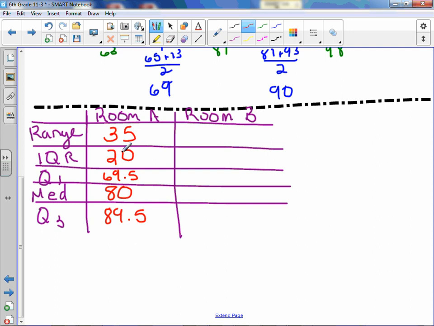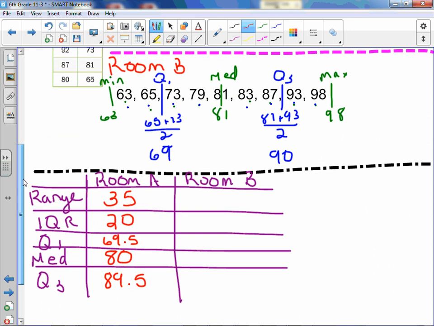Okay. Now let's record everything for room B. Our third quartile is 90. Our median is 81. Our first quartile is 69.